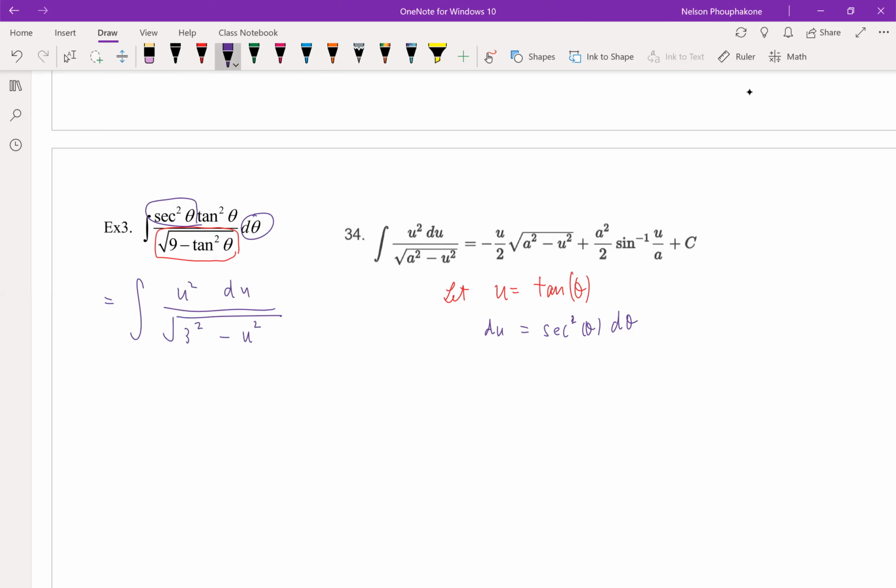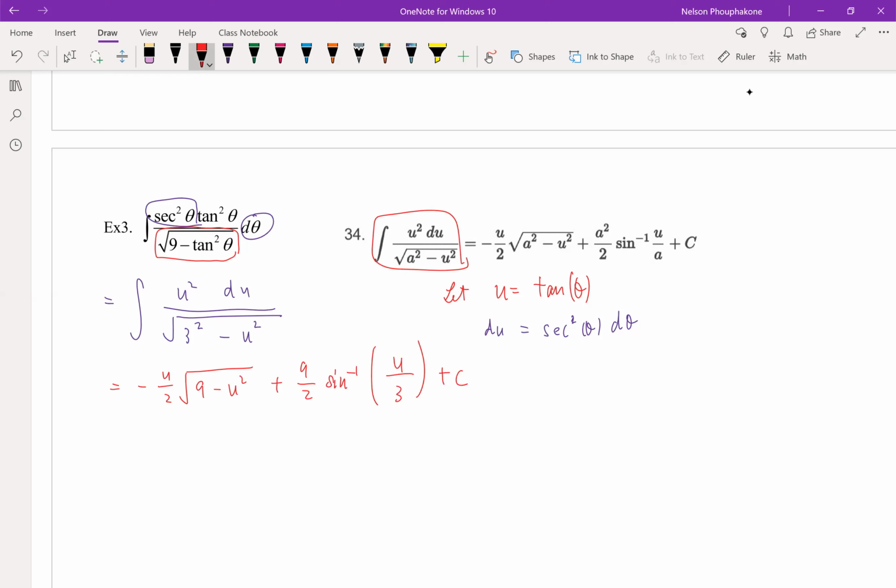Then right away you will see that a is equal to 3. And now what we need to do is just use this table to help us finish this. So it will be negative u over 2 square root of 9 minus u squared plus 9 over 2 sine inverse of u over 3 plus c.